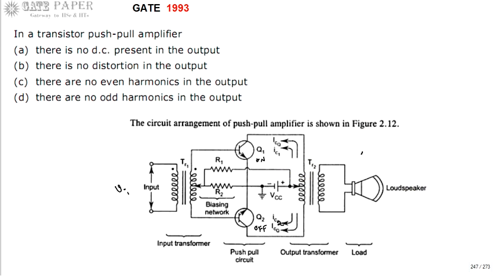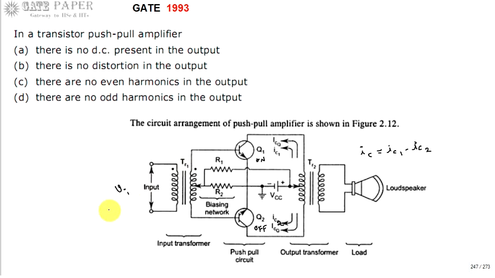The total collector current is IC equals IC1 minus IC2, where IC1 is the collector current of Q1 when it is on, and IC2 is the collector current of Q2 when it is on. During the positive half cycle, Q1 is on and Q2 is off, and during the negative half cycle, Q1 is off and Q2 is on. We are not going to discuss the operation, we are only discussing the harmonics.